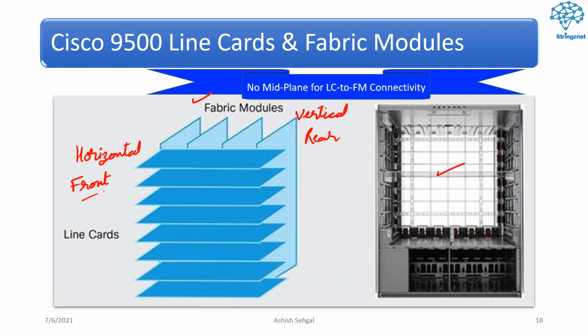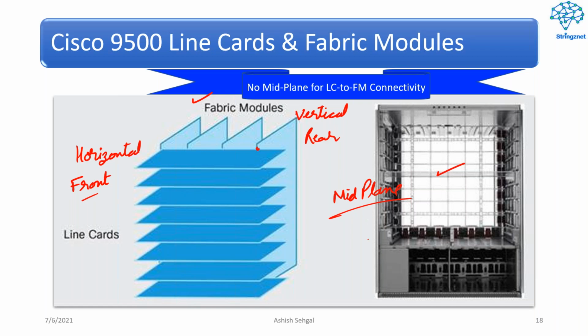This placement of line cards and fabric modules provides direct physical connectivity between them. Thus, forget about a backplane, you don't need even any middleman for connecting line cards. They are directly connected.